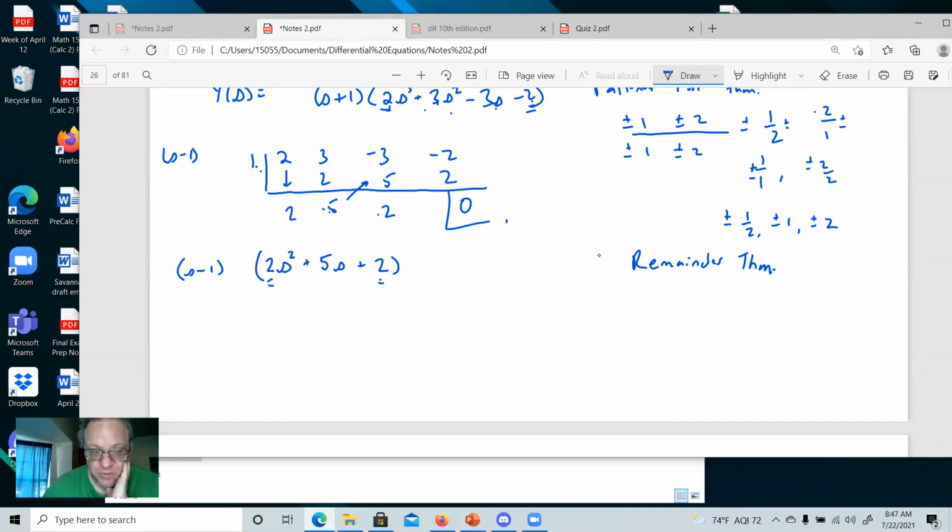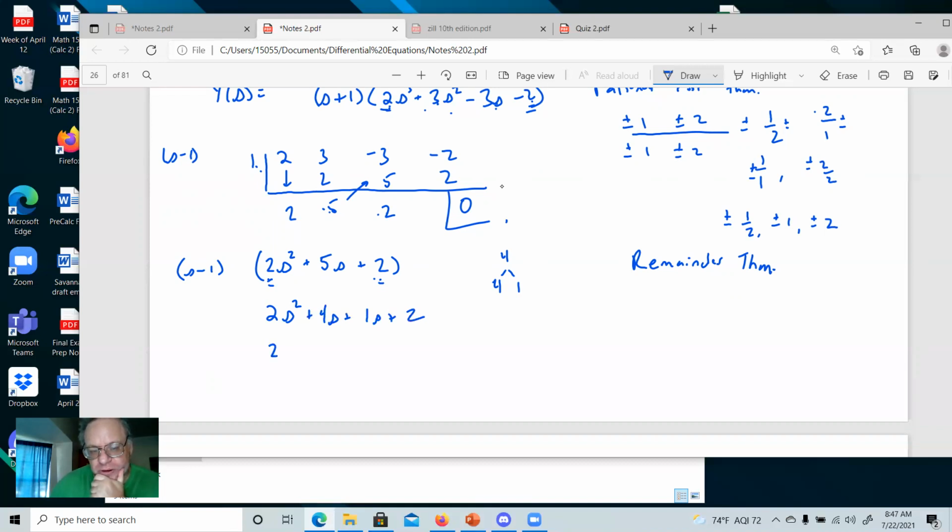So if I want to factor this, we're going to multiply the first and the last number. So 2 times 2 is 4. And I need two numbers that multiply out to 4, but add up to 5. How about 4 and 1? So this is going to be 2s squared plus 4s plus 1s plus 2.